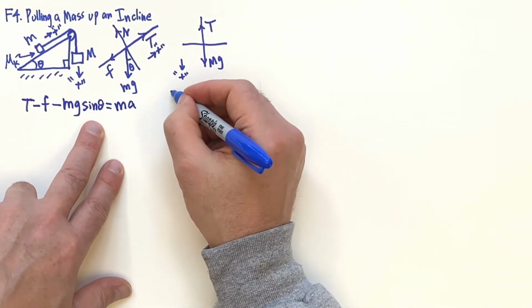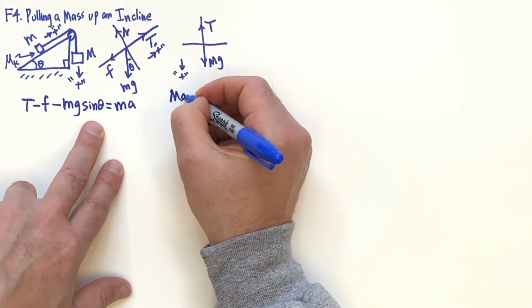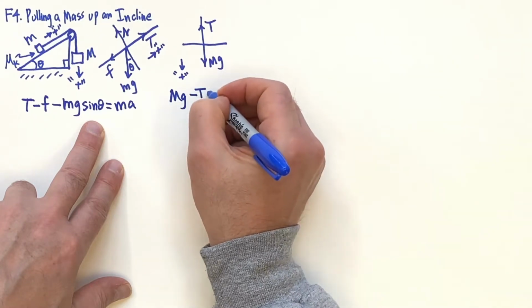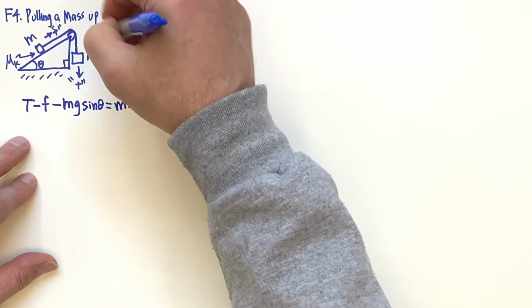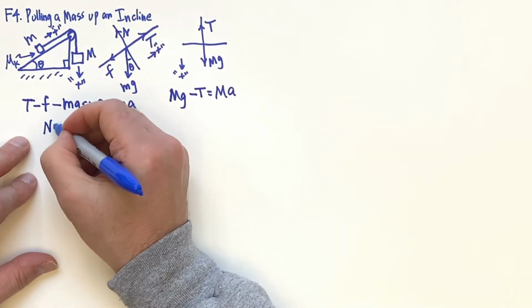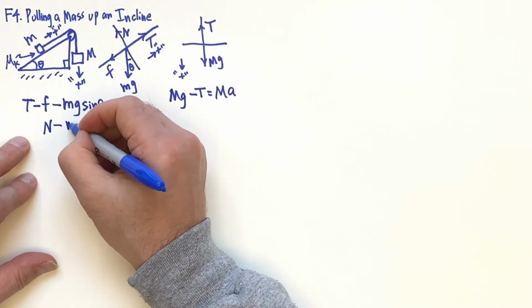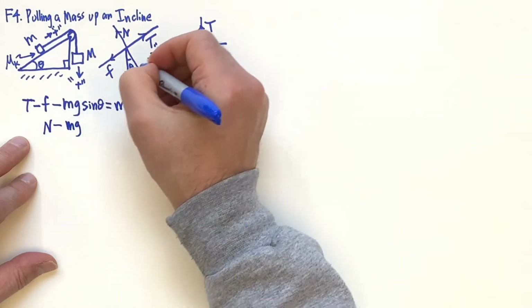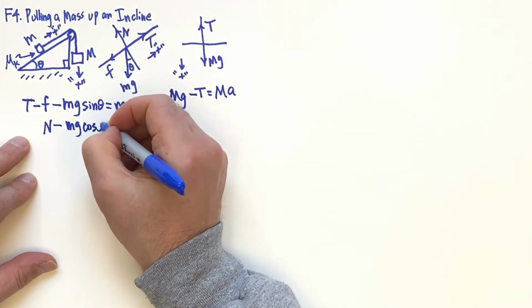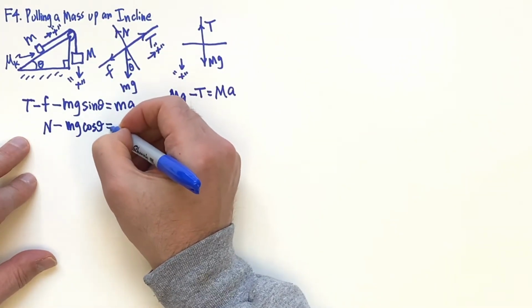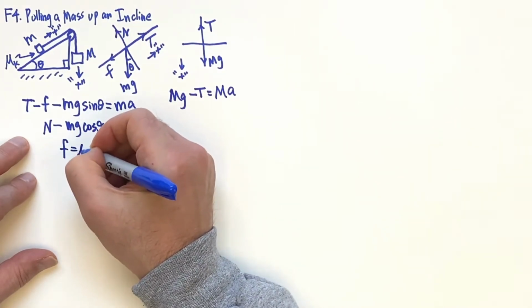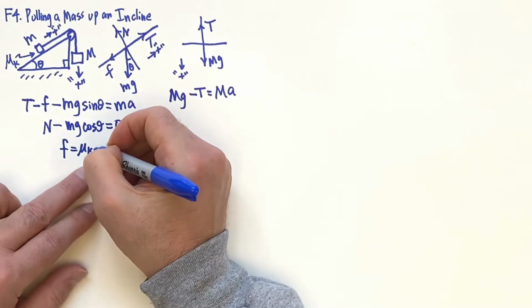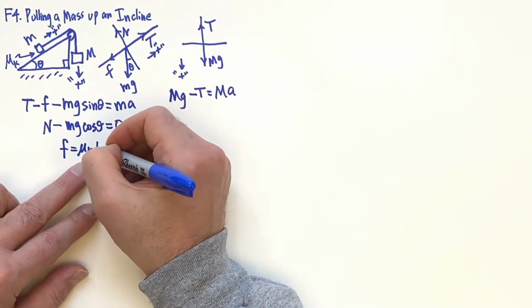This one's going to be big Mg going down minus T is big Ma. And then for the normal, we'll have the normal minus mg cosine of theta equal to 0. And then we'll have the auxiliary equation: the frictional force is the kinetic coefficient times N.